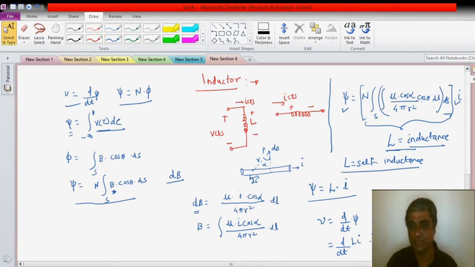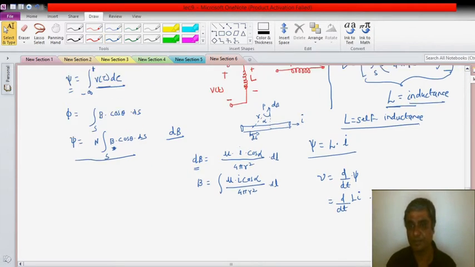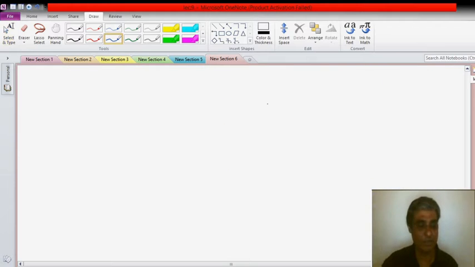It is a very simple equation. So we came to know that the EMF induced will be L into di by dt. This is in differential form, so there is no question of the initial condition.